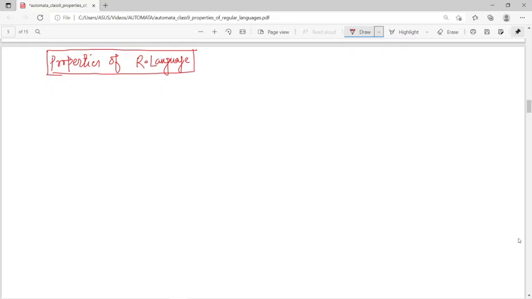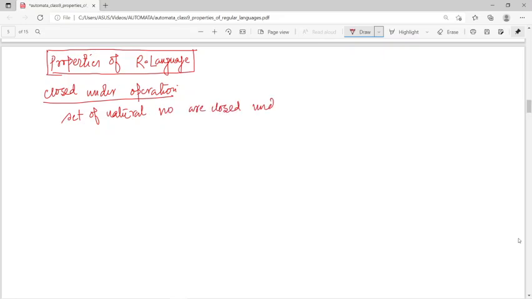First is the closed under operations. Closed under operations means we know that the set of natural numbers is closed under addition.